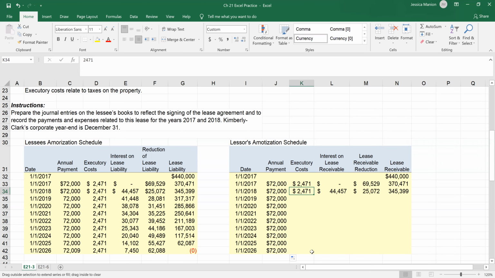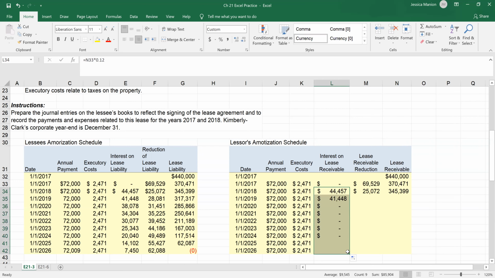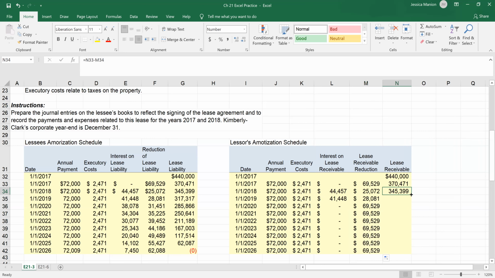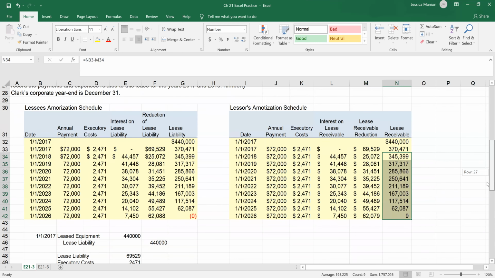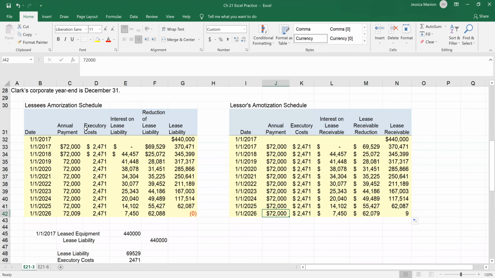It looks the same way. Again, it's just from the lessor's perspective instead of the lessee's perspective. But we pull these all down and populate this, again, we see that it ends in that $9. We can adjust this on the schedule somewhere similar to that, right?